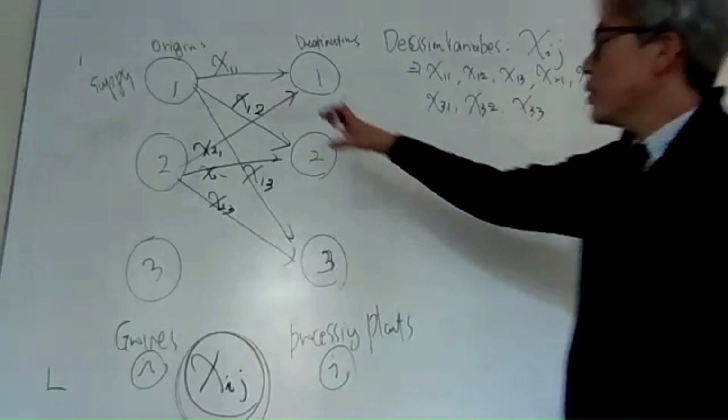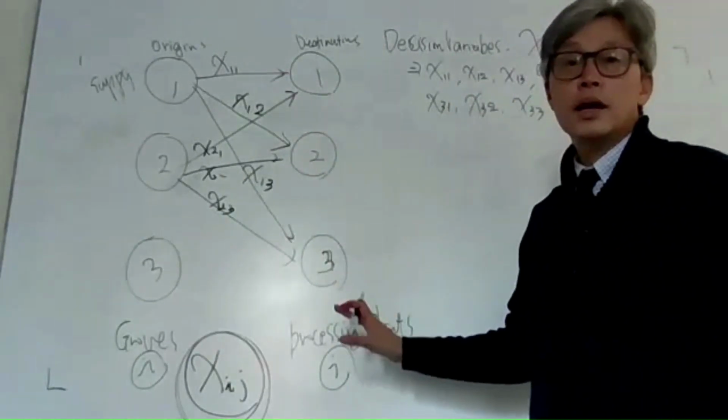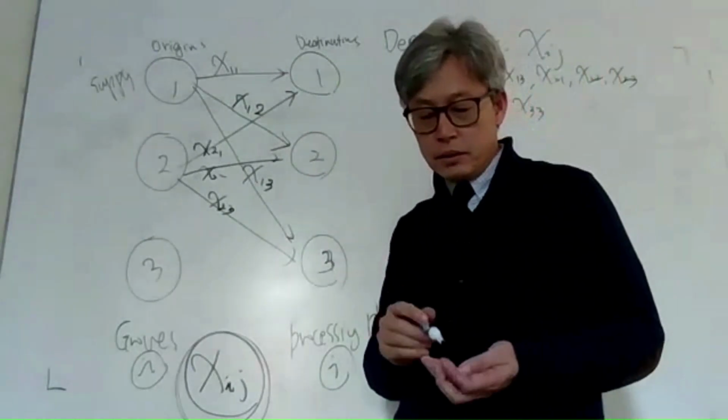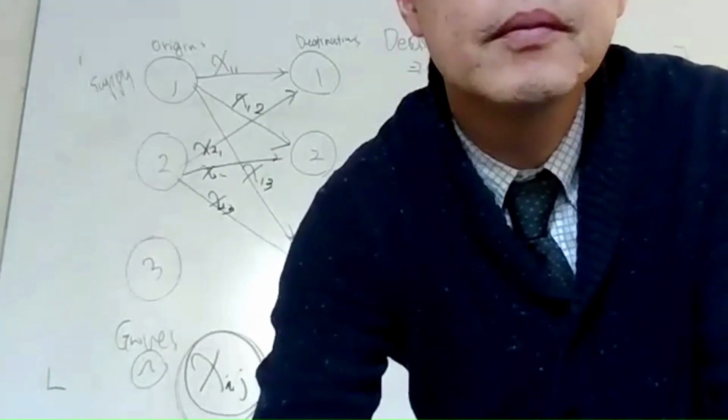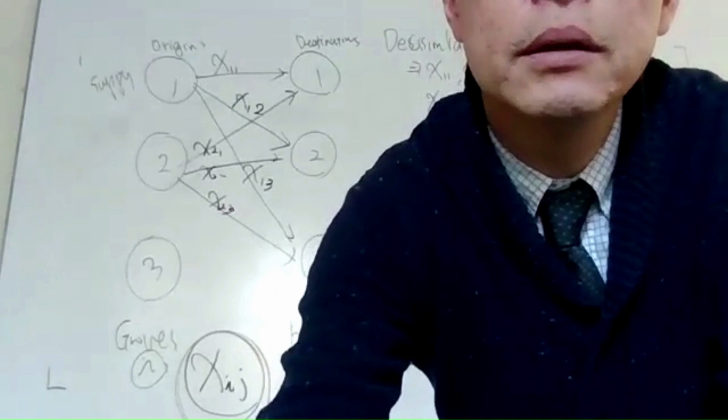So we have 3 times 3, 9 decision variables. Like this.